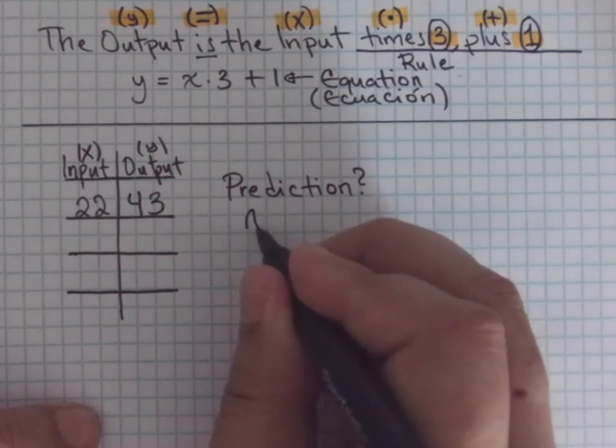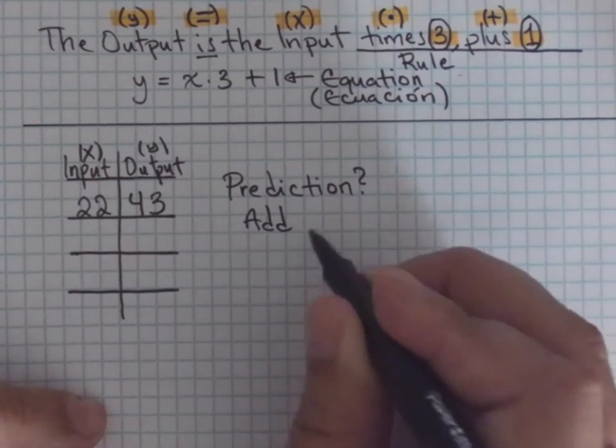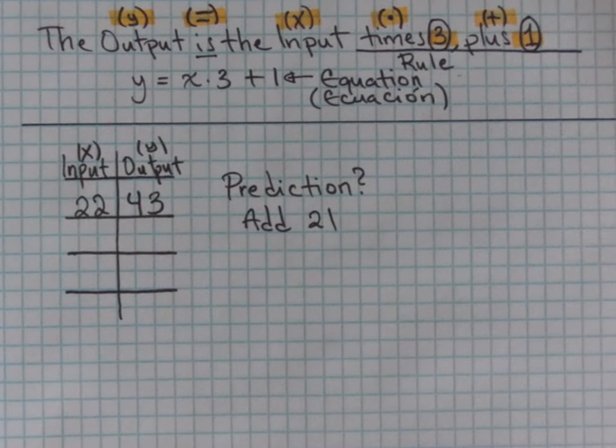So I'm being told add, how much? 21. And the one that I just received, check your number. Let me double check something real quick.